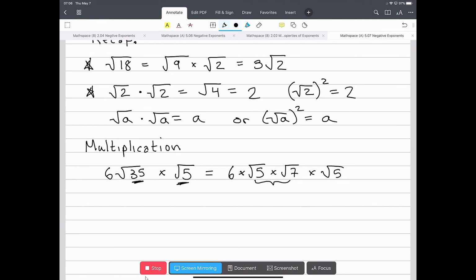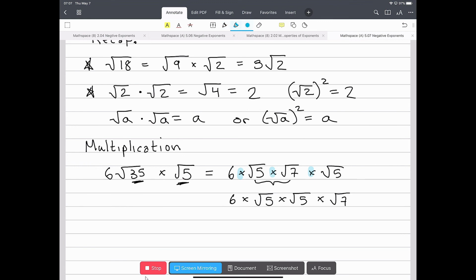Now this whole problem is multiplication. And when we have multiplication, we can use the commutative property. So I'm going to reorder this so that I have all of the, let's call them like terms, together. So 6 multiplied by the square root of 5, multiplied by that second square root of 5, multiplied by the square root of 7.